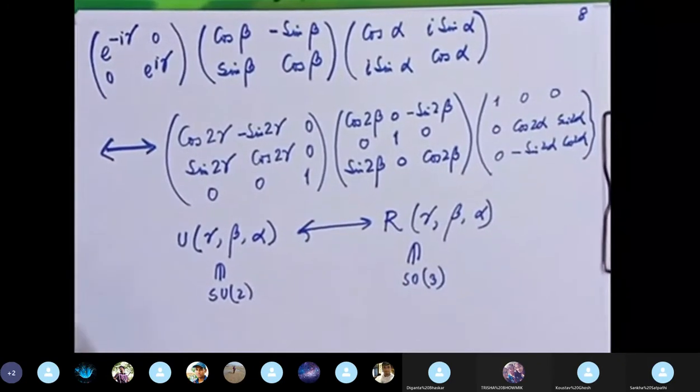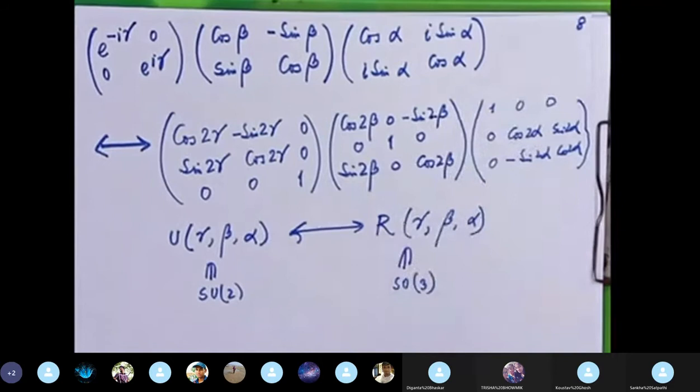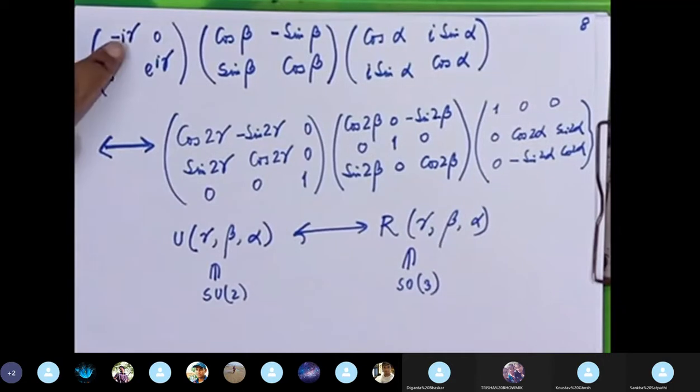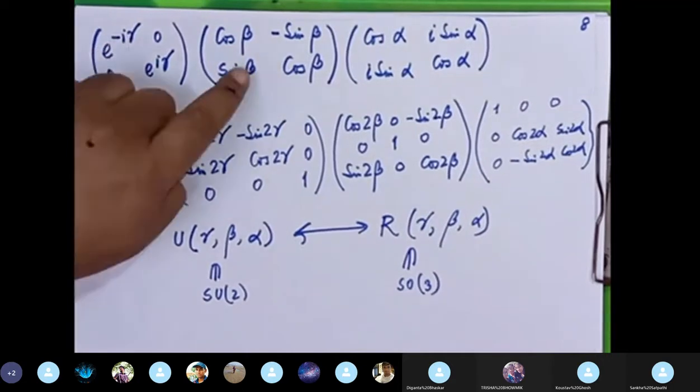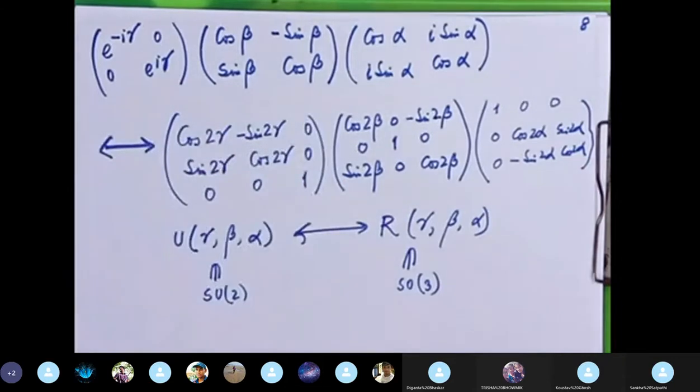Here is the connection. Clear? Now, can anyone say what more information I can extract from this? If you write gamma by 2, beta by 2, alpha by 2 here, it will be gamma, beta, alpha. Okay, you can also write that.